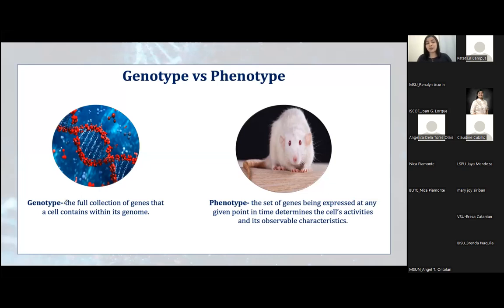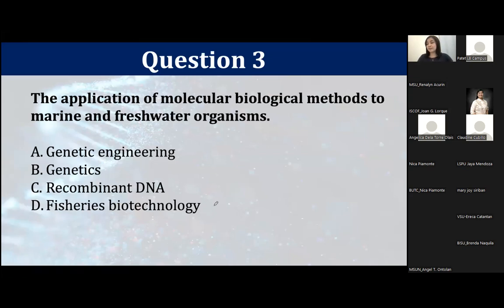Genotype means the full collection of genes that a cell contains within its genome, whereas phenotype is the set of genes being expressed. Now, para ma-distinguish nyo yung dalawang ito, okay? Genotype, gene, full collection of genes. Pag nakita nyo naman yung term na being expressed, it is phenotype. Phenotype, okay? So next question.